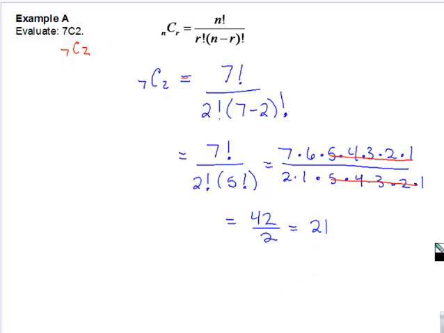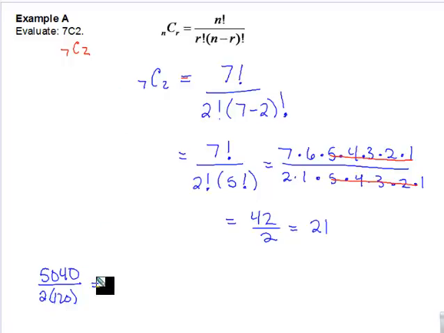Now if I'm using the calculator for this, instead of writing everything out, 7 factorial is 5040. So I get 5040 over 2 times 5 factorial, which is 120.